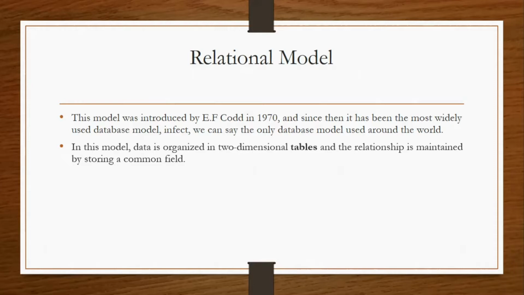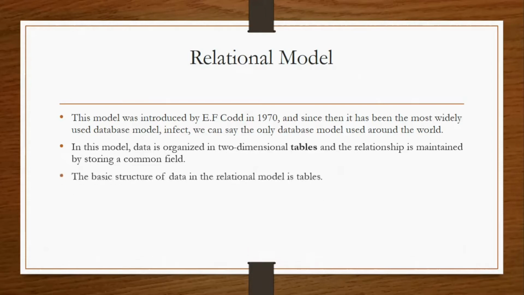If you have seen my previous tutorial, you can see that I created two different tables and a third table in which I created a relationship between the two tables by using a common field, that was ID.